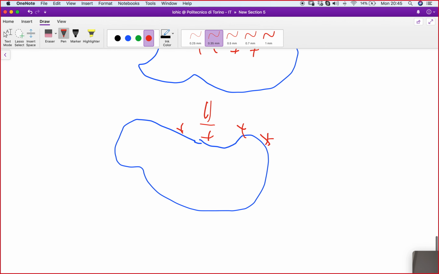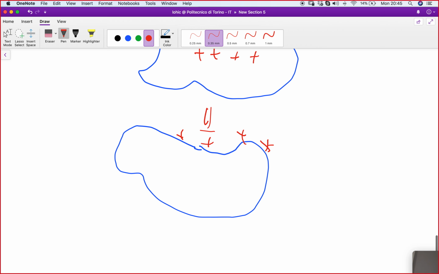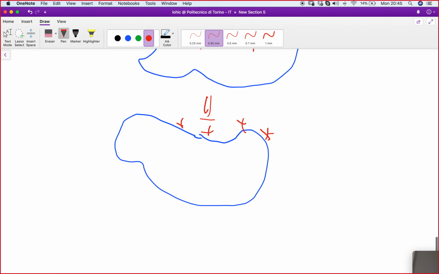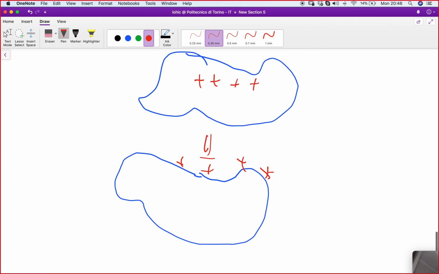The internal field will be 0 if the charges go on the surface and arrange themselves. Because now look, what is the question? I told you that anytime the conductor is in equilibrium, the internal field should be 0. Look, if I have these charges inside, you remember the Gauss theorem, right?